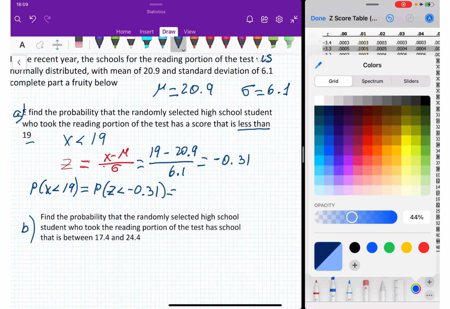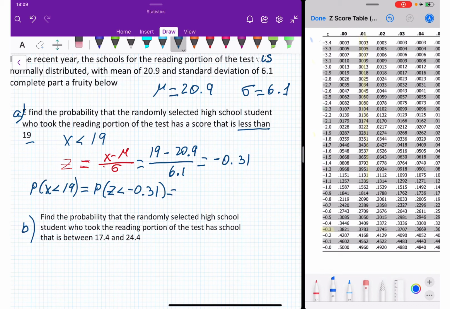Okay, blue one. So 0.3 and 1 is coming right here. So we have 0.3783, right? So it's going to be 0.3783.